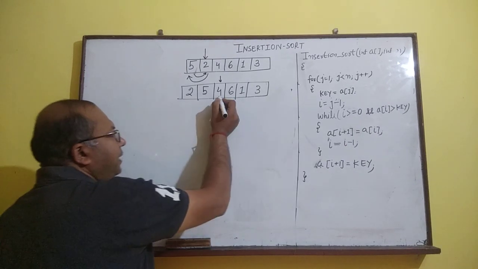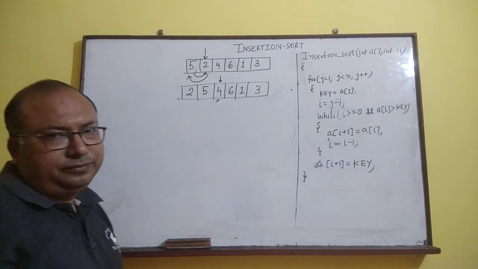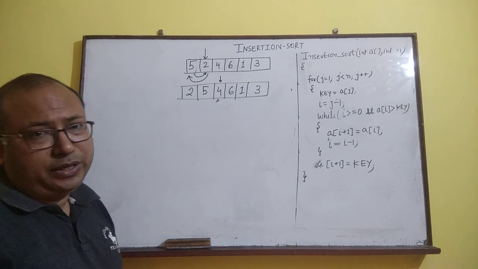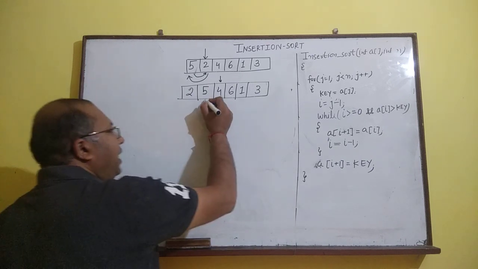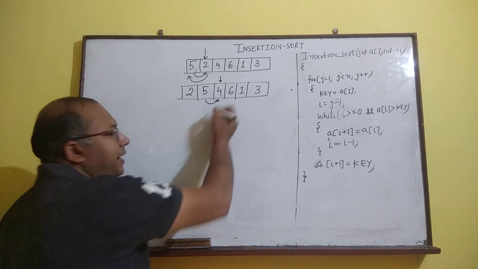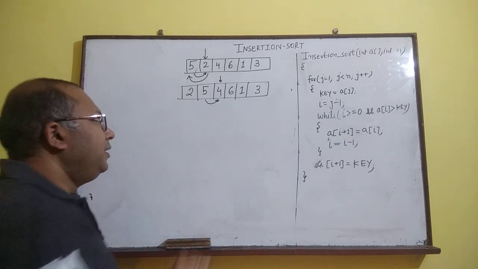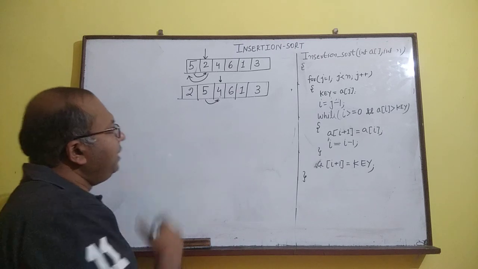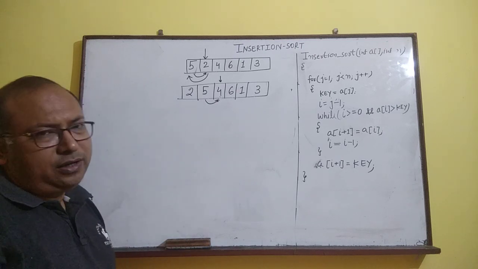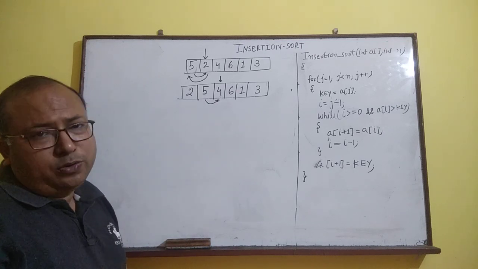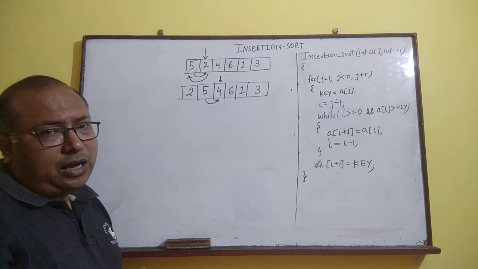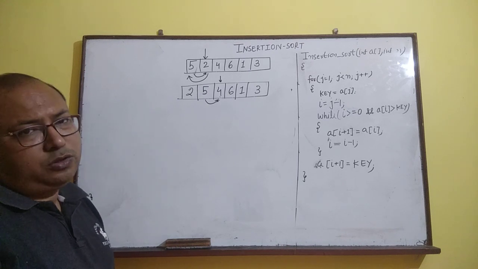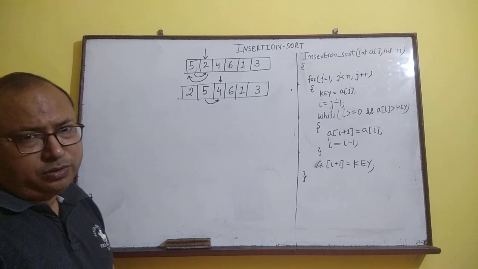Now start comparing 4 with 5. As we know, they are not in order, so we need to shift 5 to the right side. Then we need to compare 4 with 2. As we are comparing 4 with 2, there is no need to make a shift operation with the value 2, because 2 should come before 4.